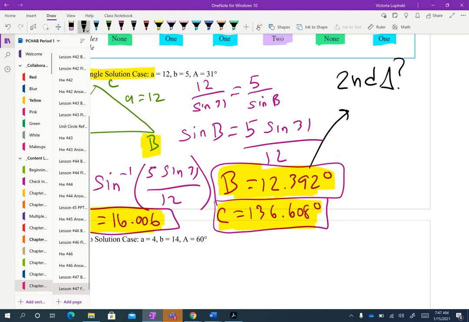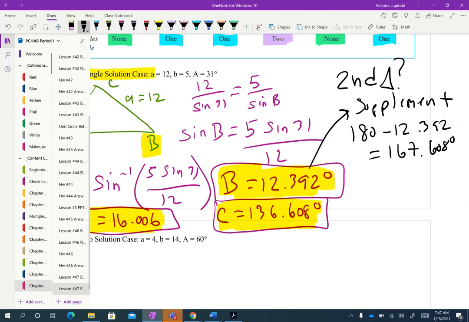Whatever the first angle you found is, which would be angle B, you're going to find the supplement. So you're going to do 180 minus 12.392, and that's going to give you 167.608 degrees.